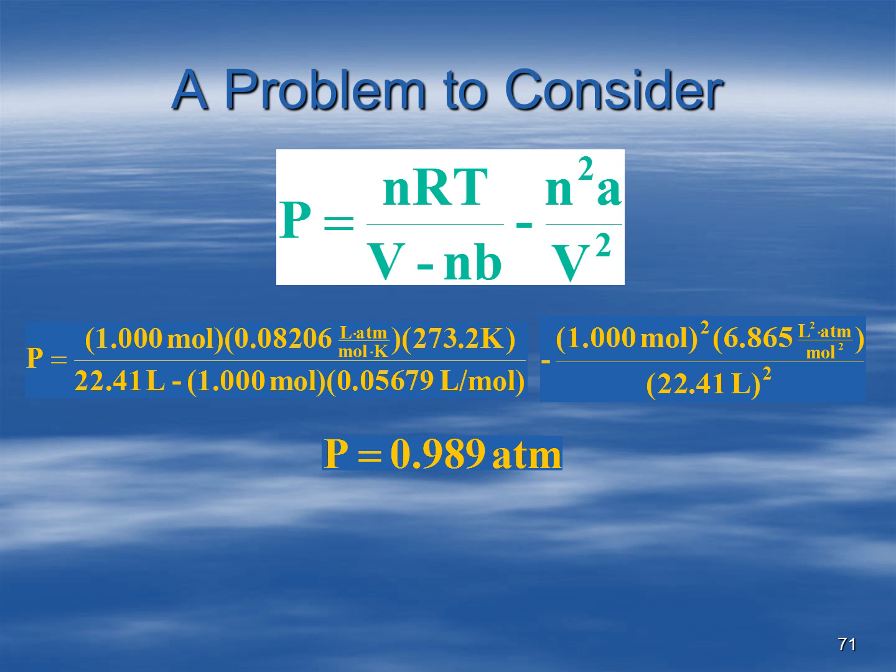If you went through all that math, you would find out that the pressure is actually 0.989 atmospheres instead of 1.00 atmospheres. So again, don't worry about all the math, but you should go back and look at the reasons why we're adjusting pressure for the attractions between molecules, and we're adjusting volume for the size of the molecules, or the volume that the molecules take up.